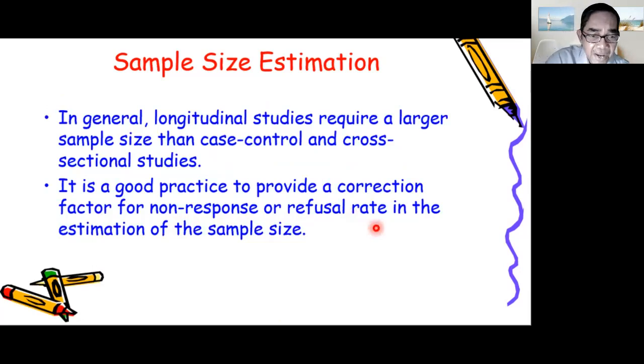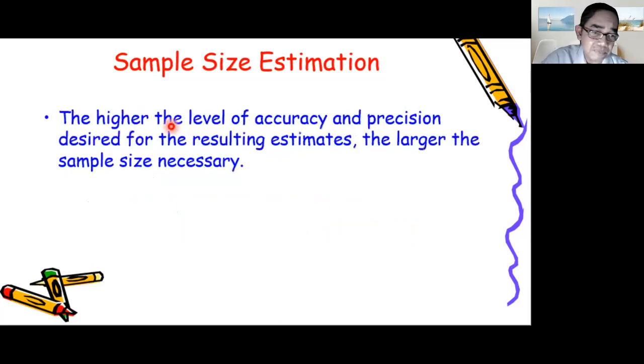That's the reason why for longitudinal studies, we need to add another factor in the sample size calculation. Normally, I add 20 to 25% for longitudinal studies, just in case there will be dropouts.